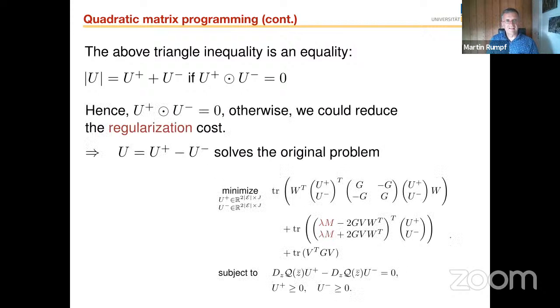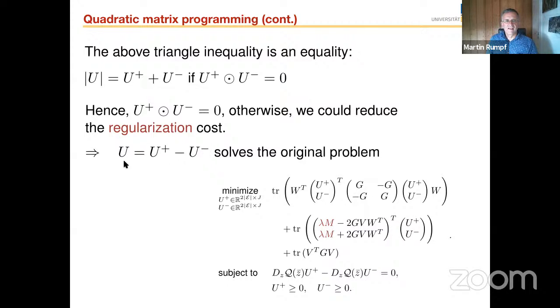But then it's clear that in our minimizer, this condition must be true. And hence equality must be true. And our relaxed problem is the original problem. That is because the only thing we change here is the regularization cost.